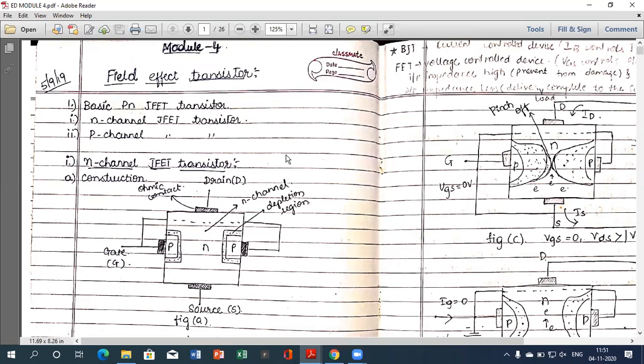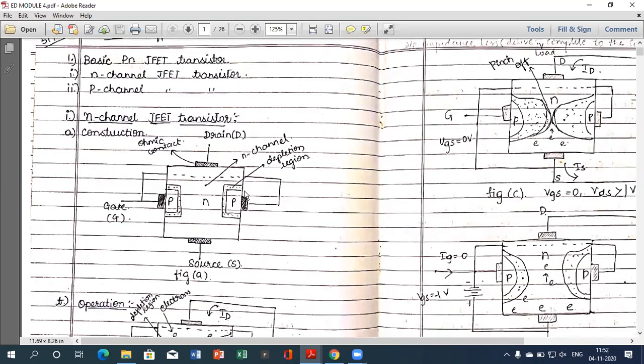Now in this, first we will discuss how this transistor is constructed and how it can be operated. Look at this construction part. First we will understand what materials are used to construct an N-channel JFET, and why we call it N-channel.